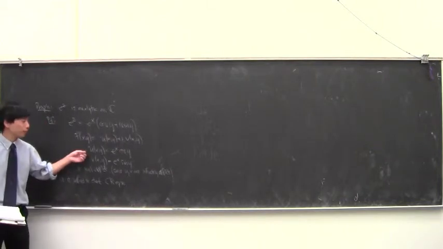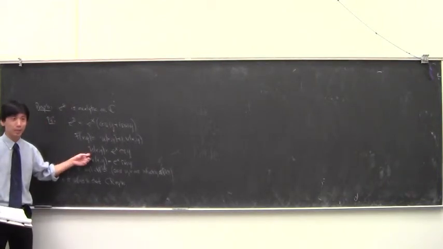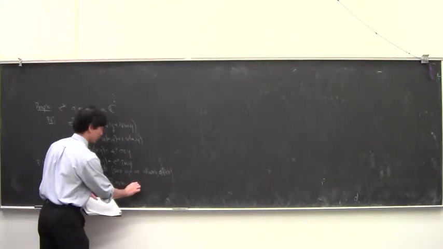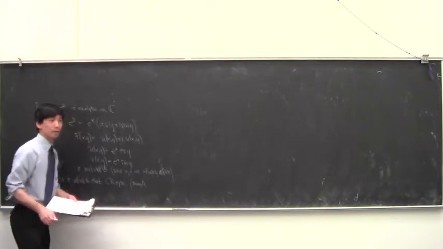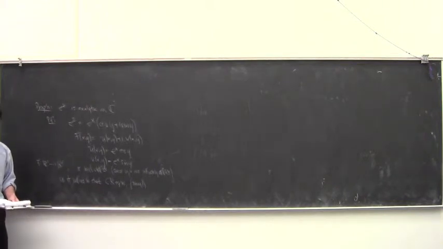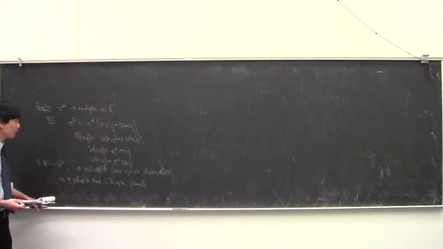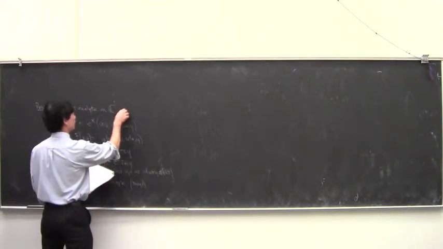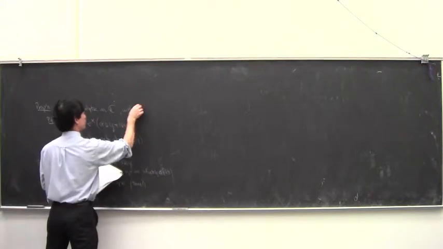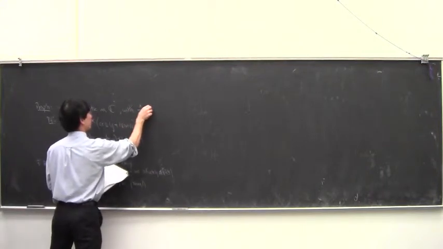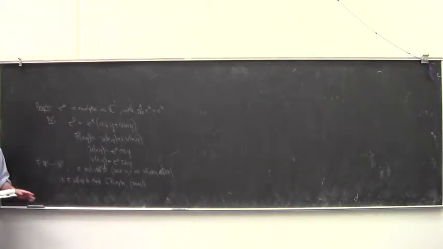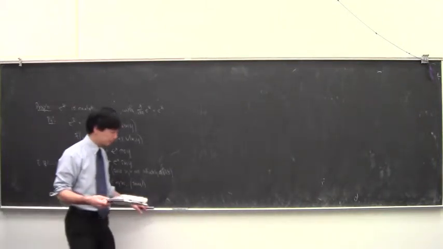So then you differentiate these and you see that they satisfy the Cauchy-Riemann equations. And then you see that the derivative is e to the z. So it's pretty simple.